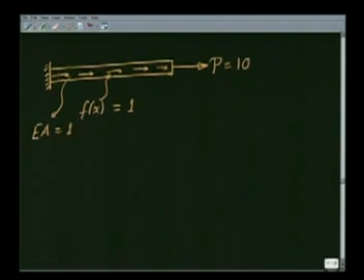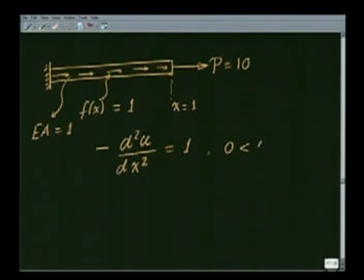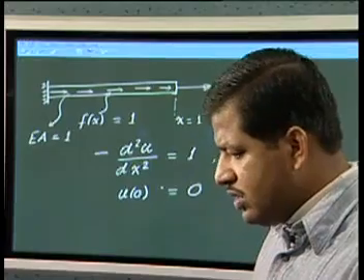So in this case, the differential equation becomes minus d2u dx squared is equal to 1 for x lying between 0 and 1. We have taken the bar to be of length 1, and we will say that u at 0 is equal to 0.